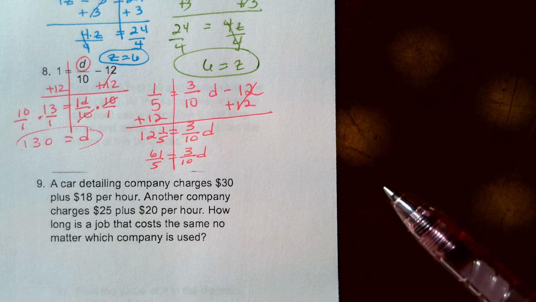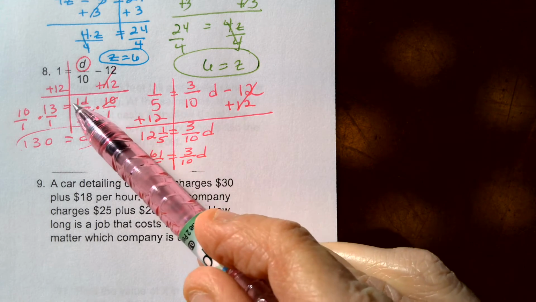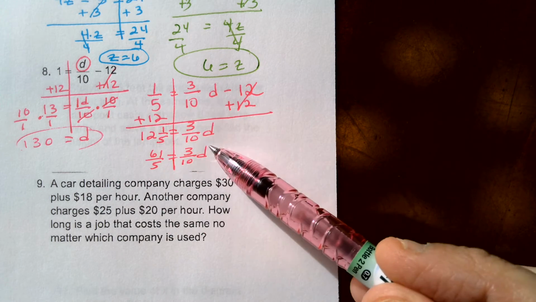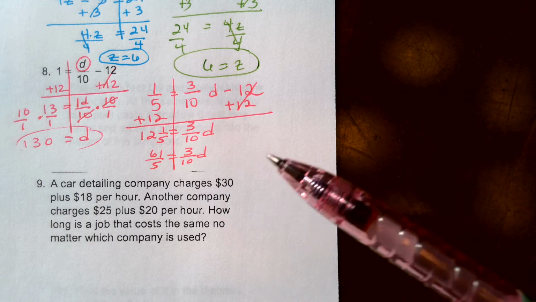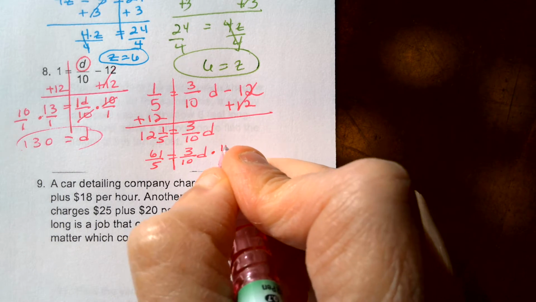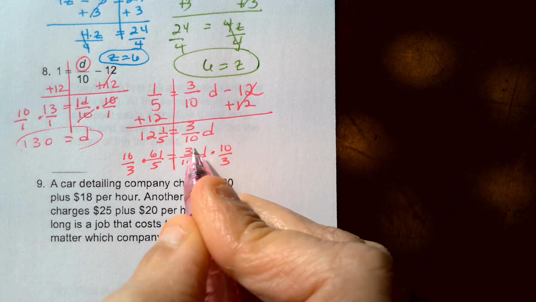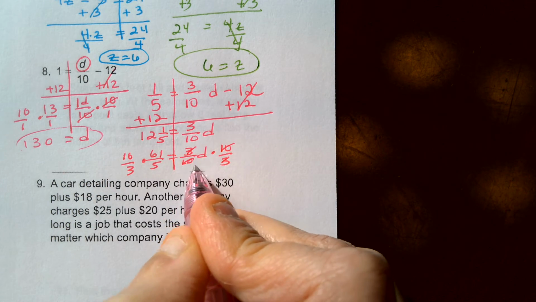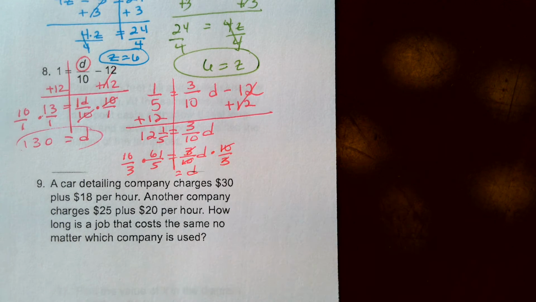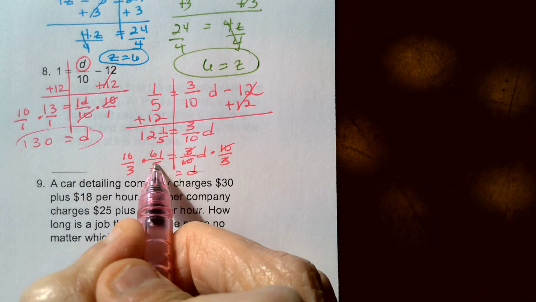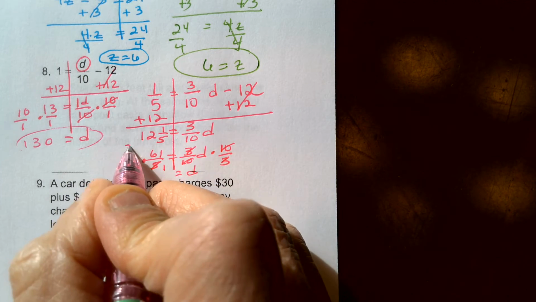And the reason I did that is because just like over here, I multiplied by the reciprocal 10 over 1, I want to do the same thing here. So 3 over 10 times 10 over 3. These will cancel, and I'll be left with D, which is exactly what I want. And now let me see if anything cancels here. We got a 1 and a 2.